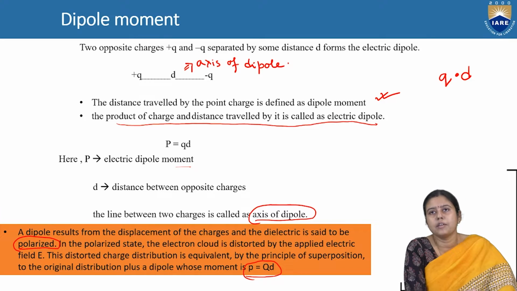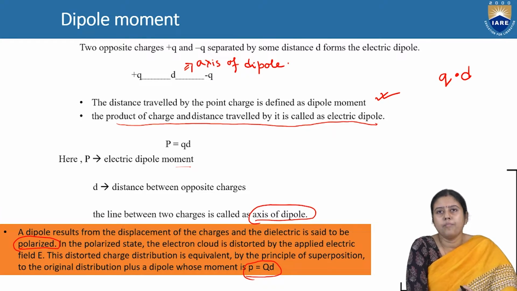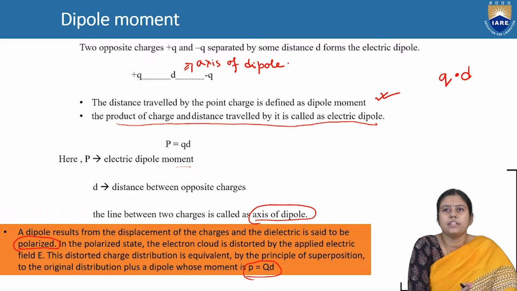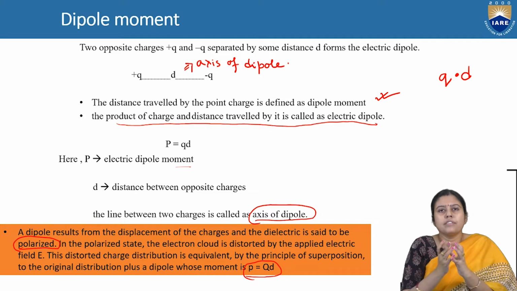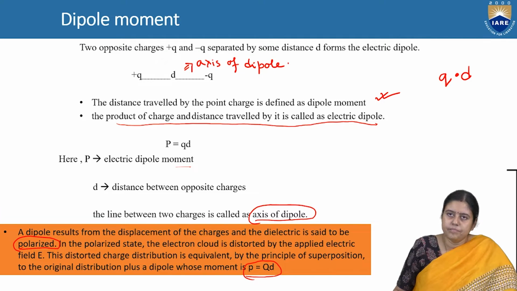So this is a special point about the dipole moment. In the polarized state, the electron cloud, meaning many electrons, is distorted by the applied electric field E.